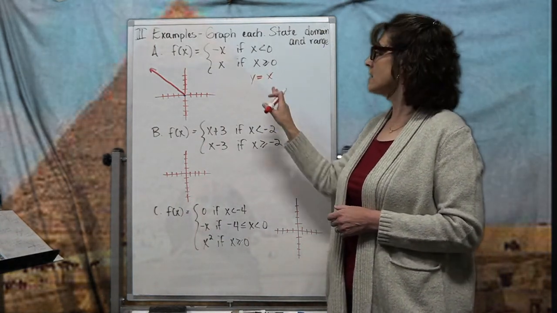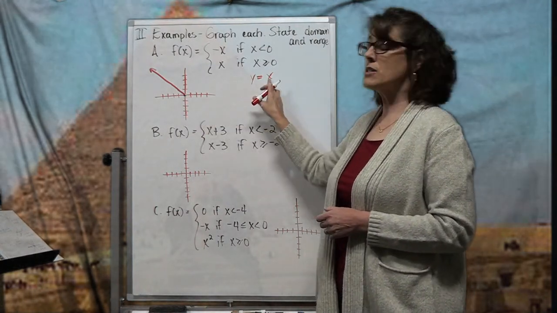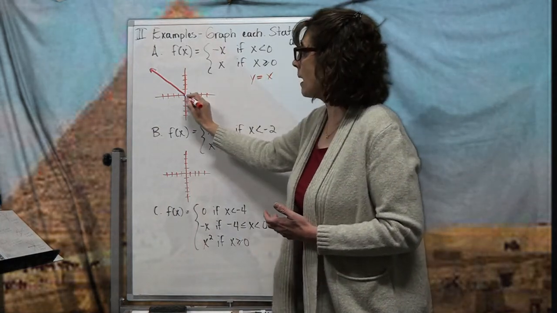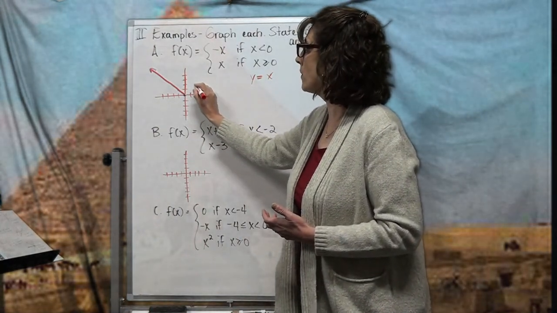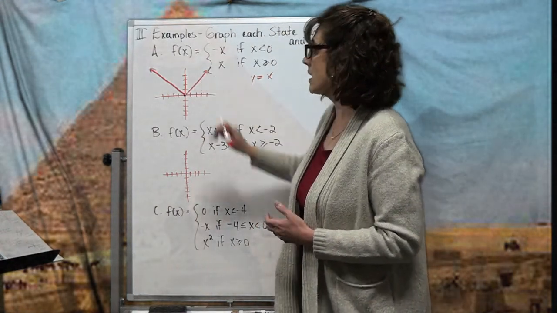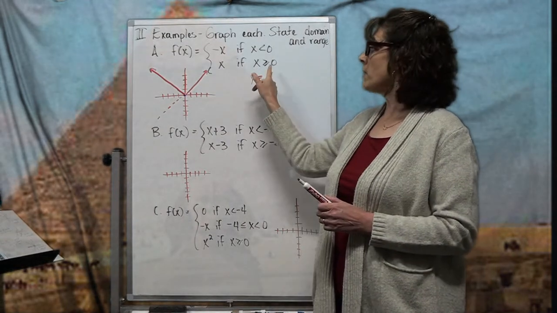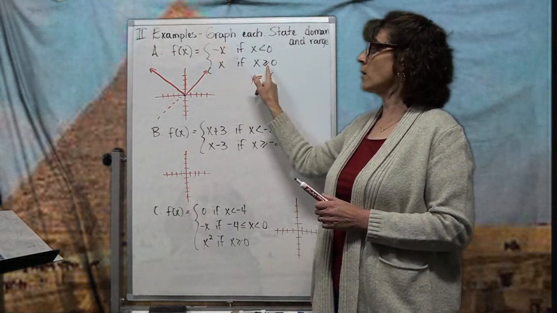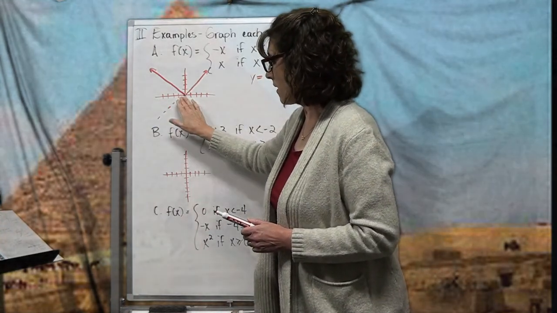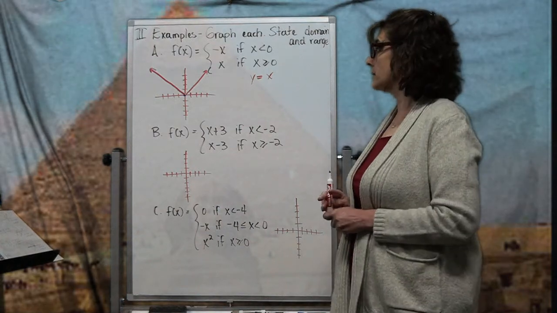If that's the case, then what that tells me is I'm going to have a y-intercept of 0, and then my slope is going to be a positive 1. Positive 1 being, okay, I'm going to go up 1, right 1, up 1, right 1, and continue that on. So my graph will look like this and be on this side. Now technically my graph would extend on down like this, but remember, that's only for this portion right here where all the x's are positive. So I'm going to ignore this part for this graph, and it's not going to have that portion right here. And that's what my graph will look like.